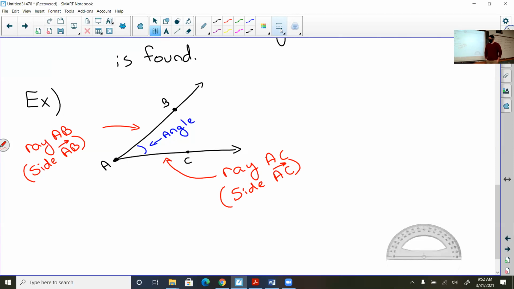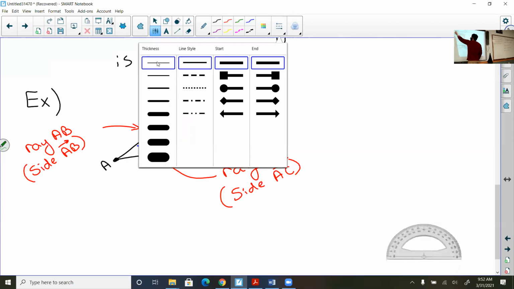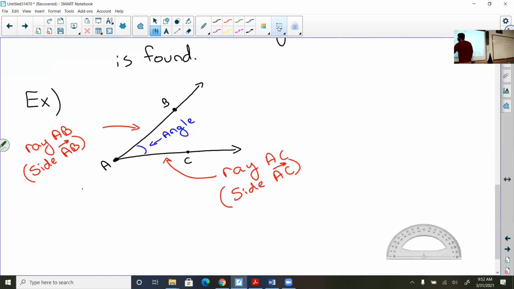And I still want to recognize that it's a ray, so I'm not going to say side ray AC. I'm just going to say, hey, it's a side, and that side is AC, which is a ray. Point A, which is the endpoint of both rays, is our vertex. And then again, we have our angle.